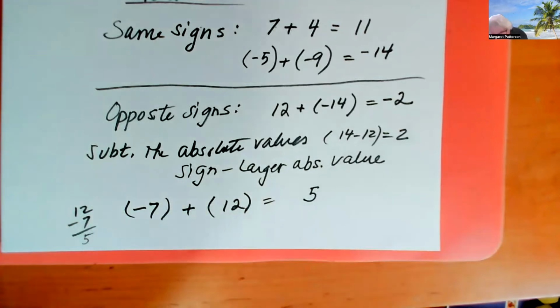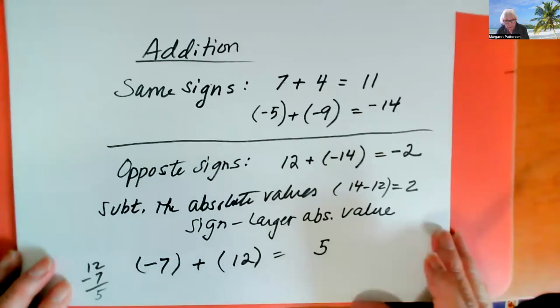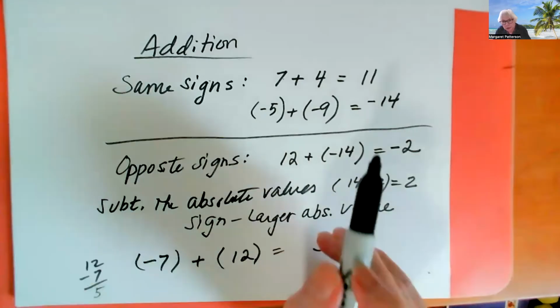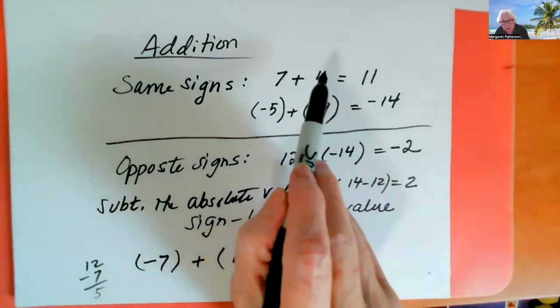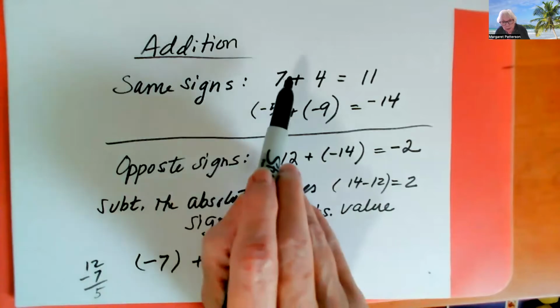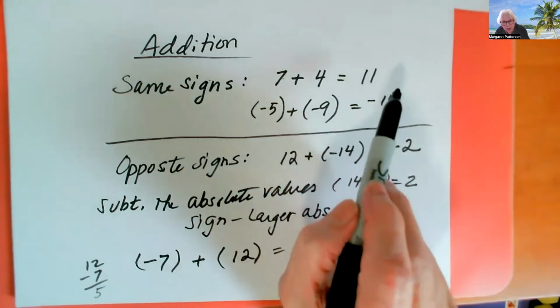So if you've done this before, this is sort of like you can do it without even thinking. If you've never done this before, then it's a slightly different problem. And so that's what we need to make sure we're able to do, okay? So this is addition. And it does make sense. You look at the numbers, decide whether they're both the same sign, then you're really just adding.